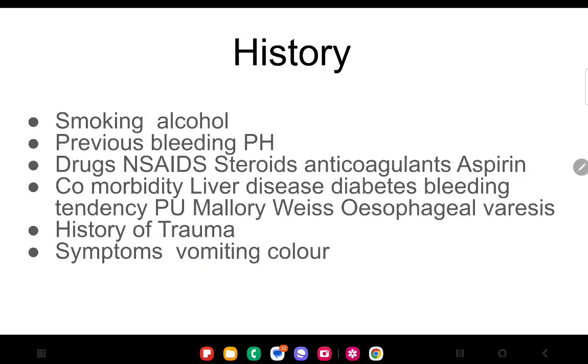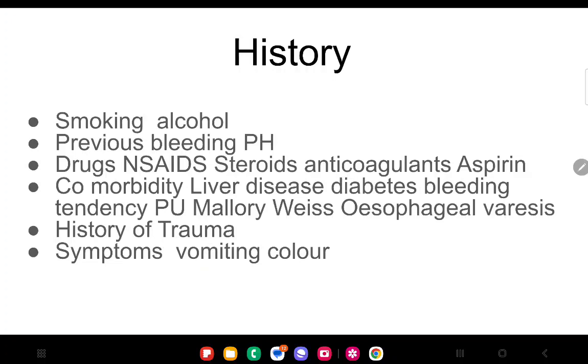Comorbidities are important in upper GIT bleeding: liver diseases, where patients are prone to vitamin K deficiency, diabetes mellitus, bleeding tendencies, previous peptic ulcer diseases, which are prone to bleeding, Mallory-Weiss syndrome, and esophageal varices.